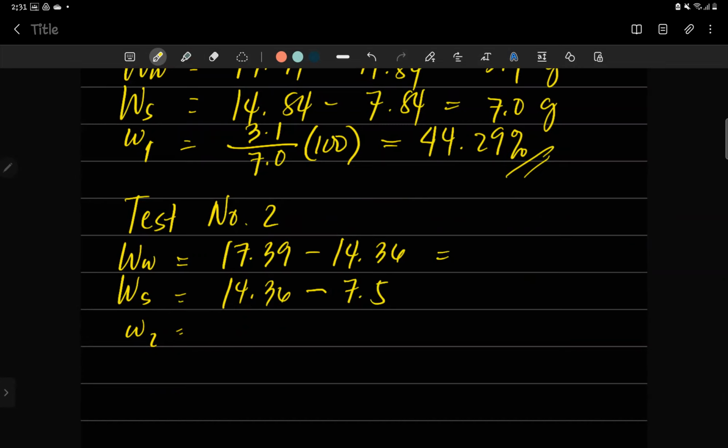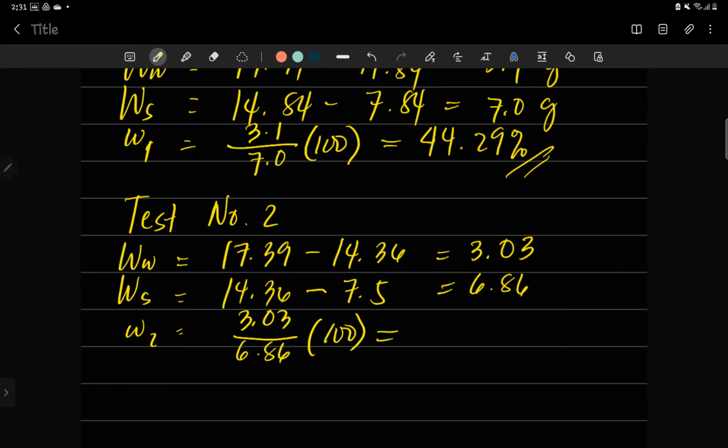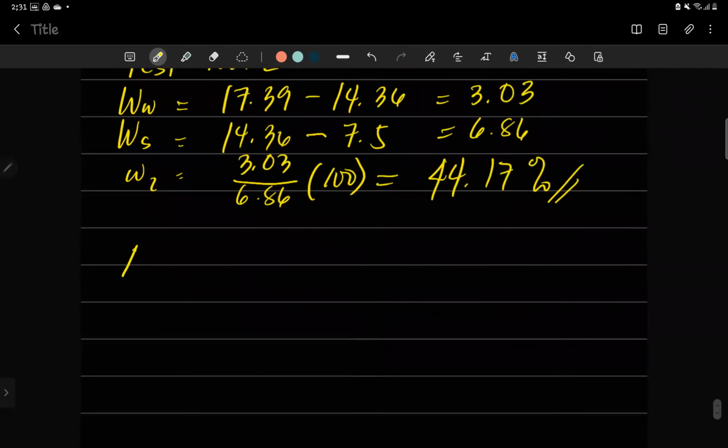So the weight of the water is equivalent to 3.03. Then we have here 6.86. So we have 3.03 weight of water divided by 6.86 weight of the dry soil times 100%. This is equal to 44.17%.